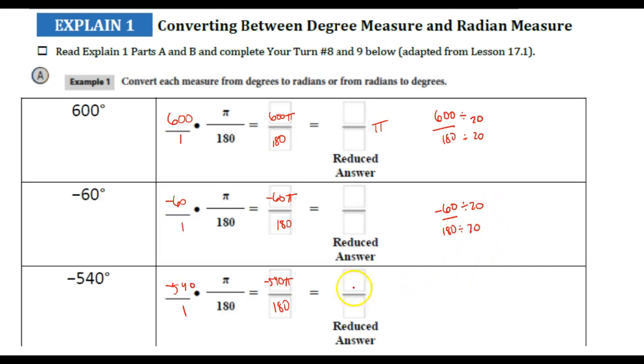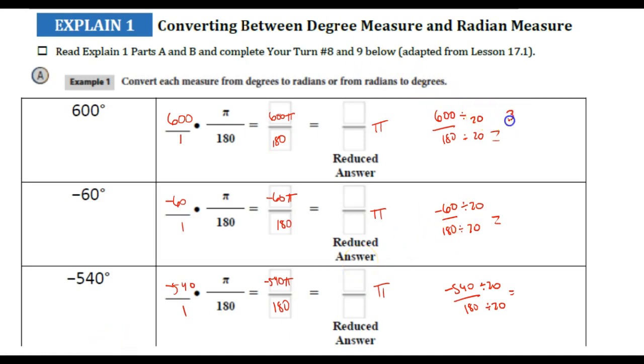And for this one, yeah, maybe another 20 out of both. And let's see what they reduce to. Alright, so calculate each one of these out and see what you would get as far as your reduced fraction.